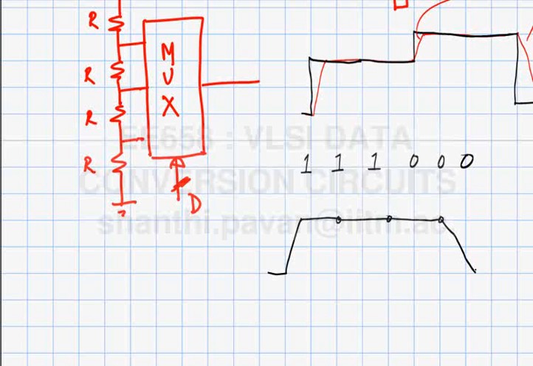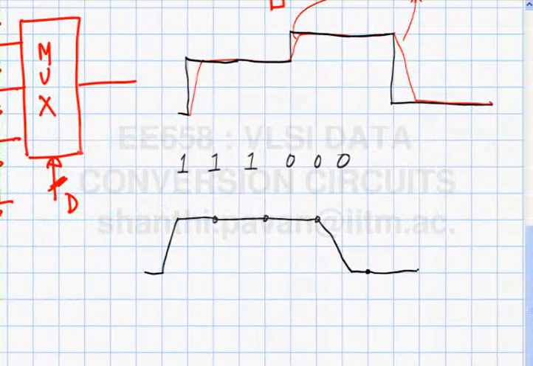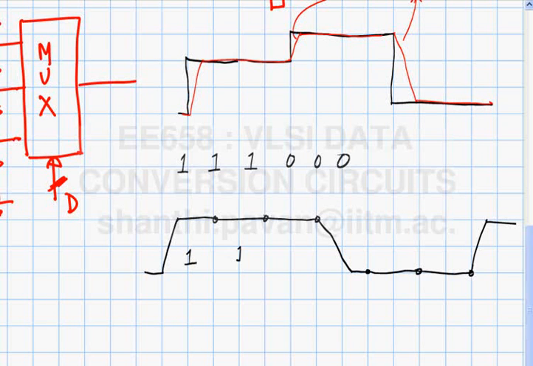And please note that I am grossly exaggerating the rise and fall time differences just to bring out this point. Then 0 0 0. And let's say this is periodic, so again it goes up, 1 1 1 0 0 0.